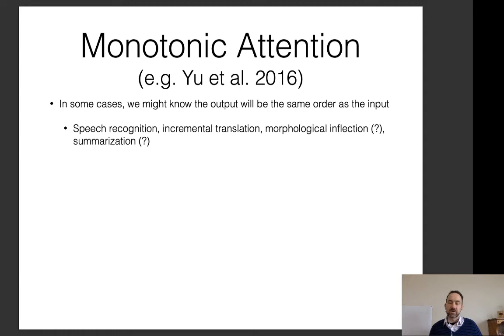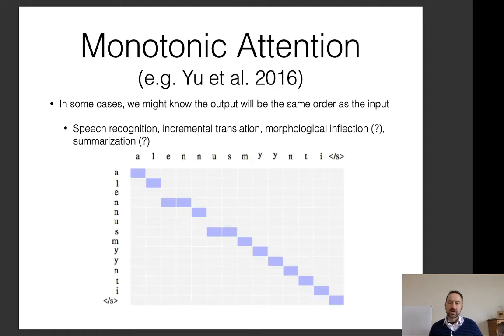Summarization might also be largely monotonic. And so there are methods, like the one cited here from Yu et al. 2016, that enforce this monotonicity and maybe even hardness constraints as well. So this would be a good thing to know if you're working on these sorts of problems.